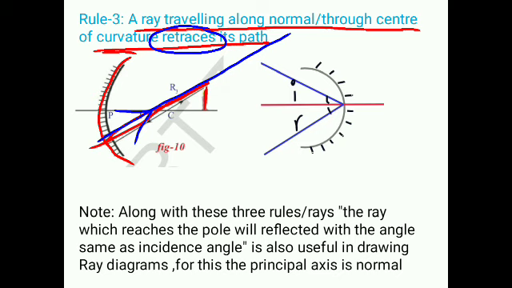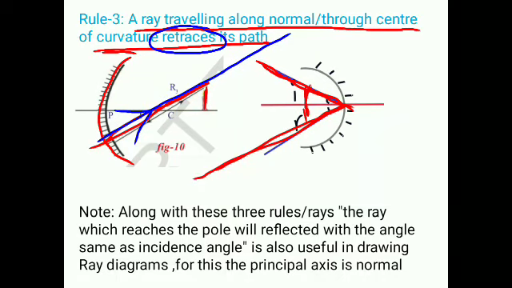Along with these three rules or three rays, there is another ray, a ray which reaches the pole will be reflected with the same angle as the incidence angle.